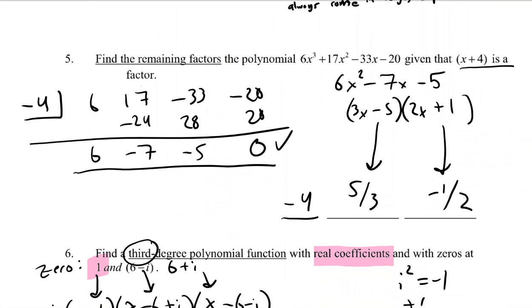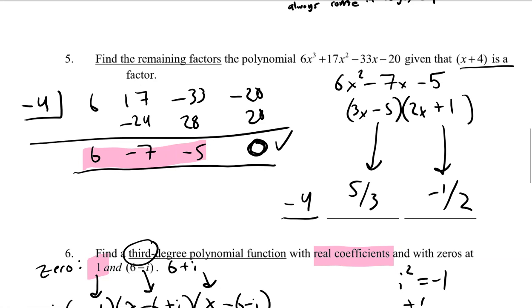Number 5 was kind of the same idea, but I divided out x plus 4 by doing synthetic division of negative 4. Because I'm told it's a factor, that guarantees a remainder of 0. You can do long division if you want, but you should still get a remainder of 0. But the whole purpose of that, again, don't just memorize the steps. That's not going to help you pass the test.